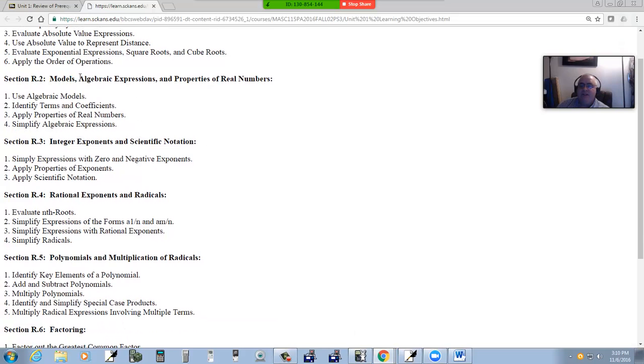Now we get down to section R.2, models, algebraic expressions, properties, real numbers. And we got our use algebraic models, identify terms and coefficients, apply properties, simplify algebraic expressions. Well, we're going to focus on this last one, simplifying algebraic expressions.